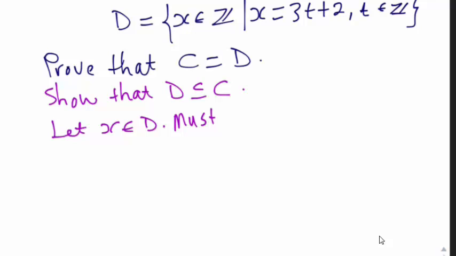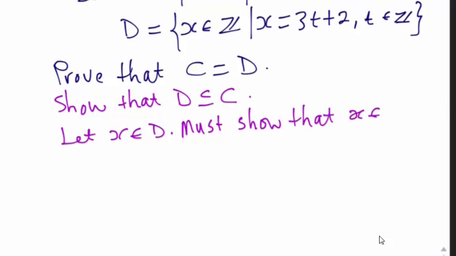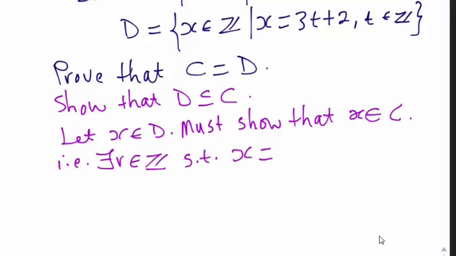Let X be an element of D. Must show that X is an element of C, that is, there exists an integer R such that X is 3R minus 1.